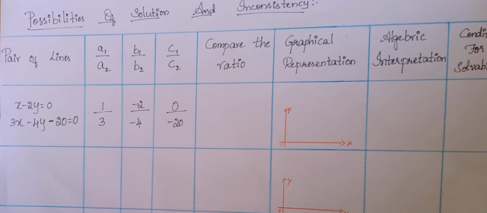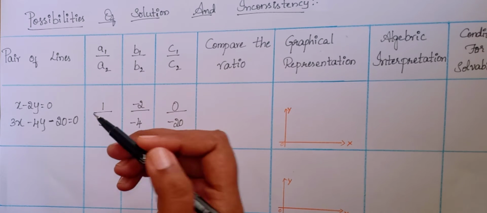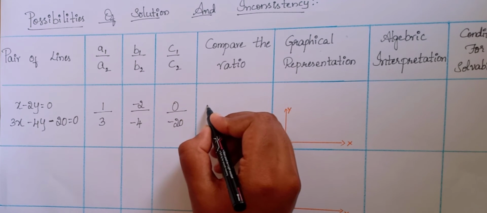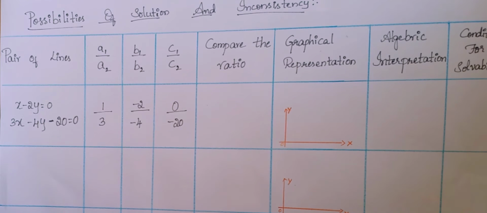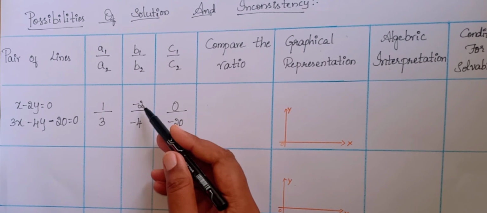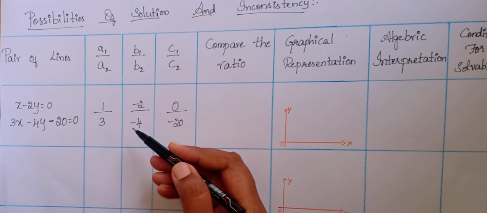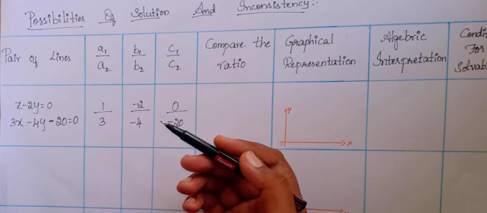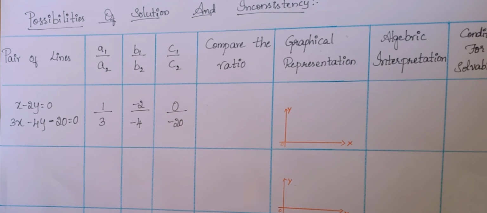We need to compare these ratios, whether they are equal or not. A1 by A2 is 1 by 3, which we can't divide further. Next we have B1 by B2, that is minus 2 by minus 4. Here we can cancel minus minus, and 2 ones are 2, 2 twos are 4, so we get 1 by 2. And C1 by C2 we have 0 by 20, which we can't simplify further.